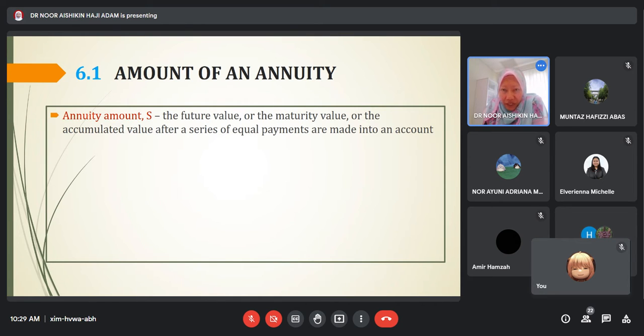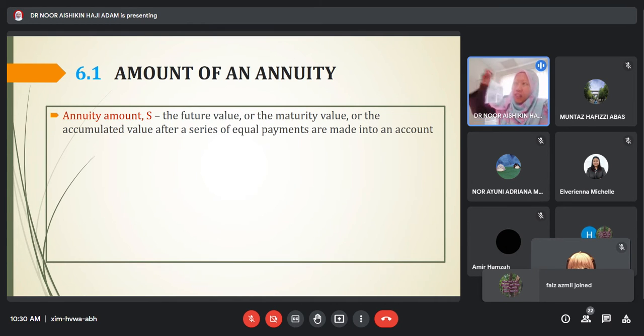So after a certain period of time, there would be an accumulated amount, also known as the future value or the maturity value of the money that you deposited. And the symbol for it is S. Macam yang lepas-lepas, accumulated amount is always S. And it sits on the last date on your timeline. Okay, date yang hujung tu macam yang lepas-lepas juga.